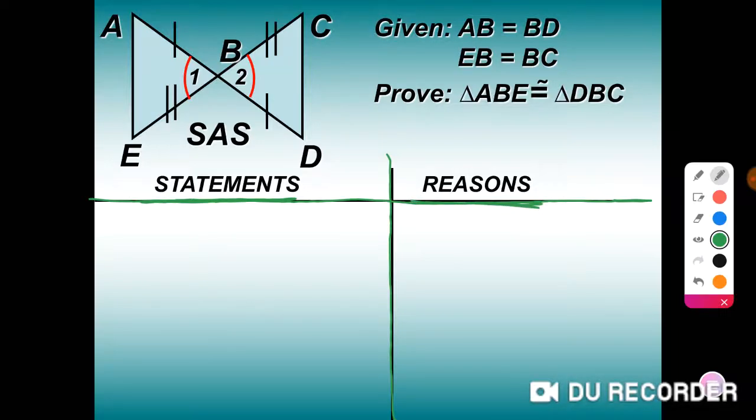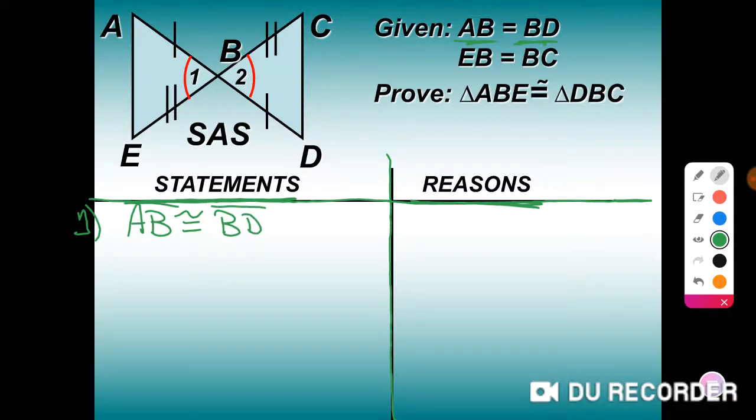Okay? So you need to start with the given information. You need to list the given information first. So statement number 1, the given information is AB is congruent to BD, and I will list it. AB is congruent to BD.